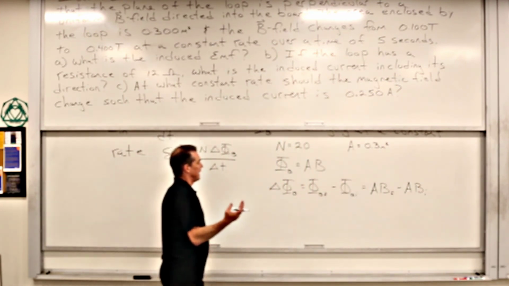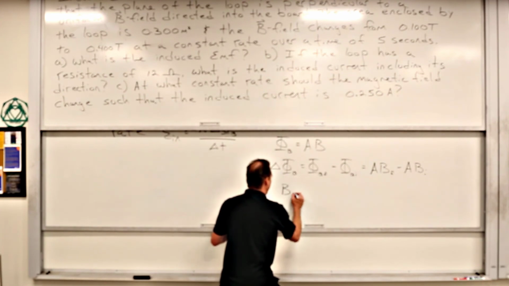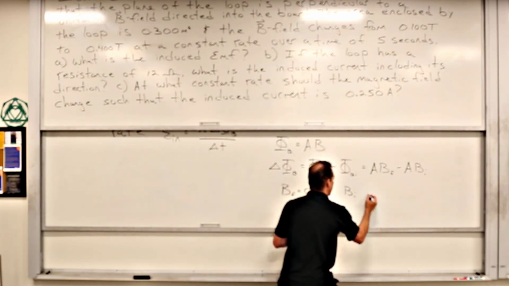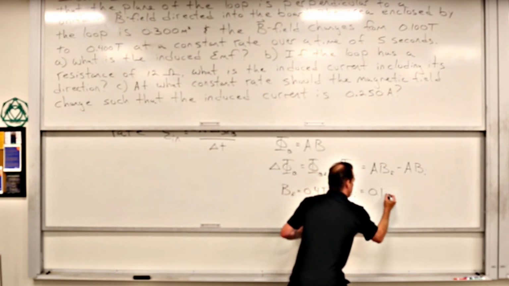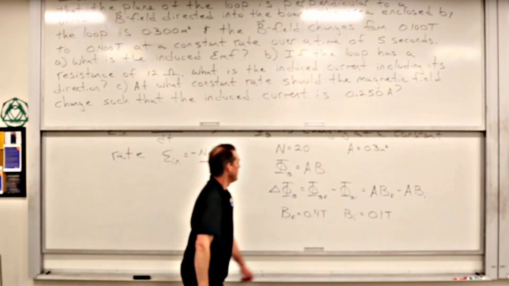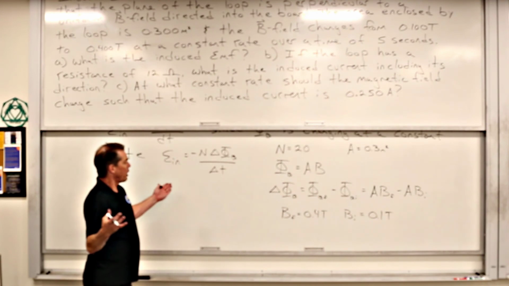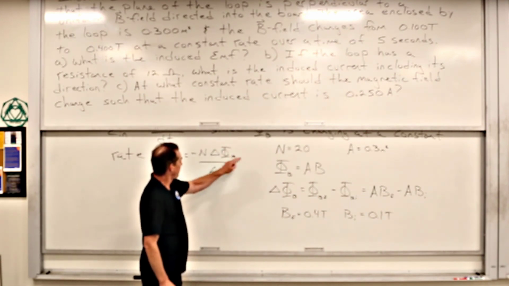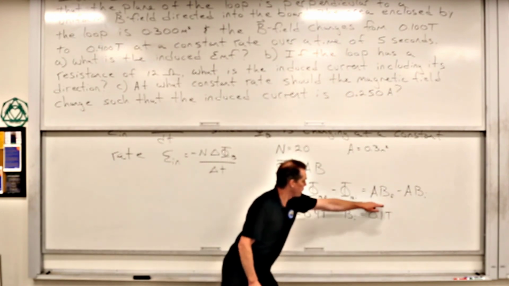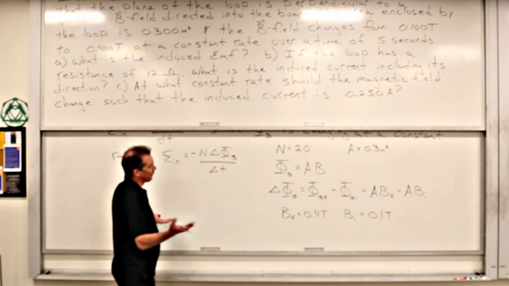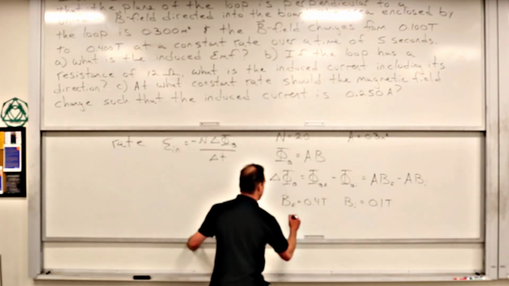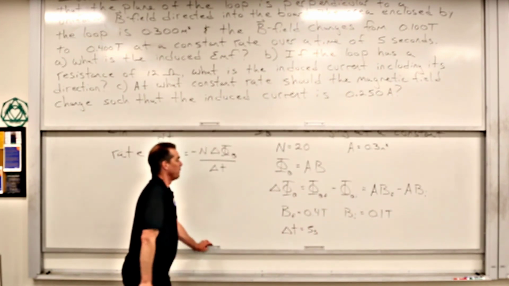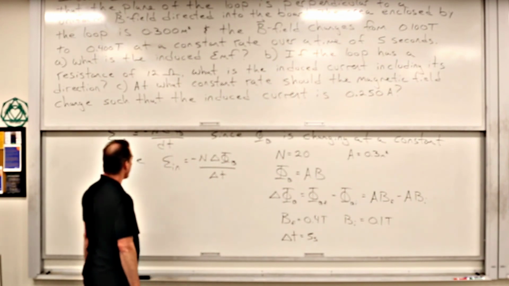And as noted, we have that B final is equal to 0.4 Tesla and B initial is equal to 0.1 Tesla. So we can start putting this all together, and delta phi sub B reduces down to this, and delta t itself is just going to be equal to 5 seconds, the time interval over which that change occurs.